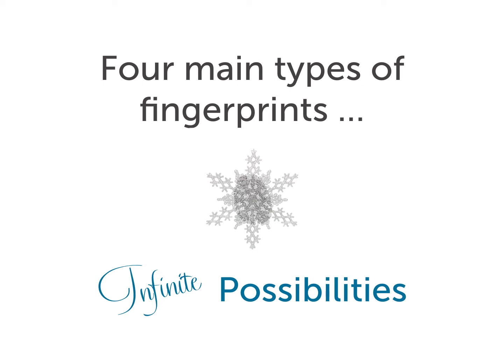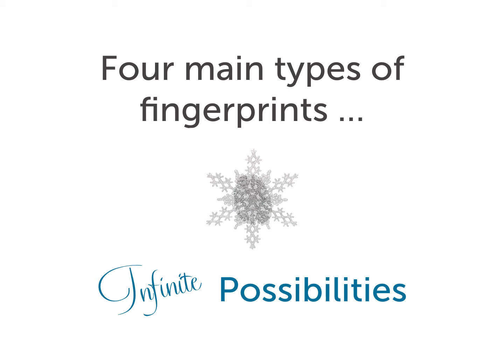And these fingerprints are called patterns minutiae. And there are infinite possibilities because those 4 fingerprints can come in an array of different forms. They can be mashed up together. They can be on different fingers. They can be in your palm. It's just infinite possibilities that make up the unique person that is you.